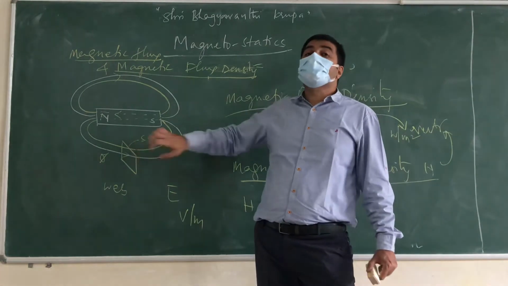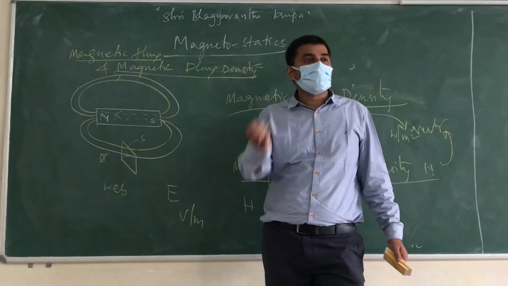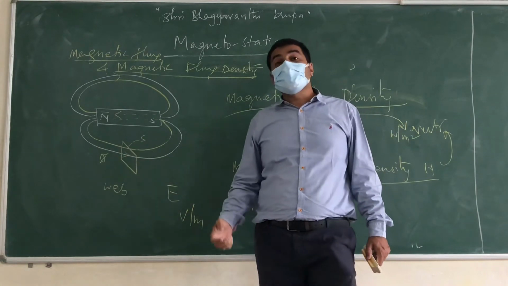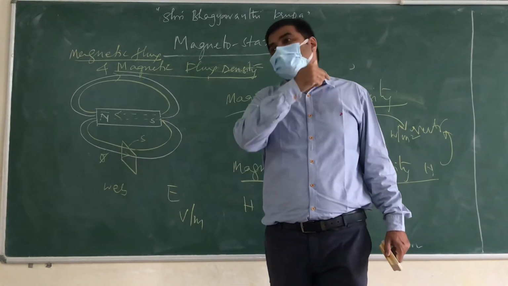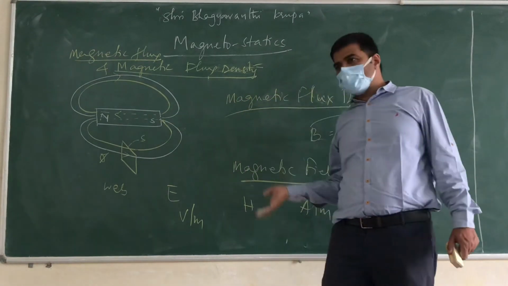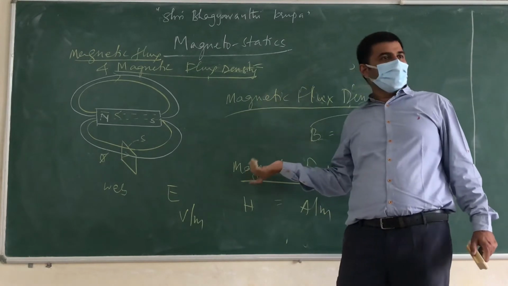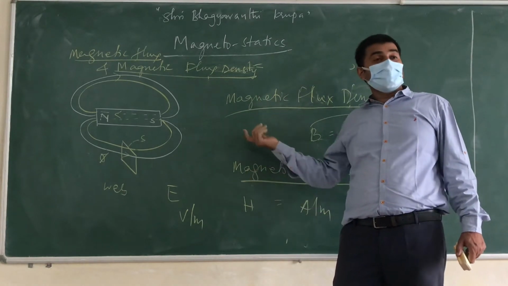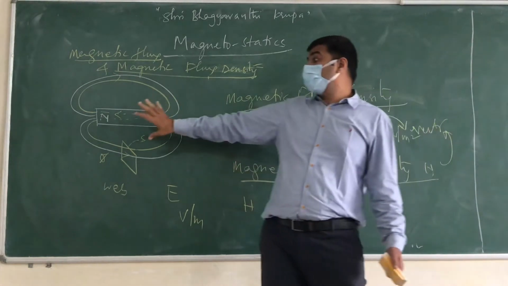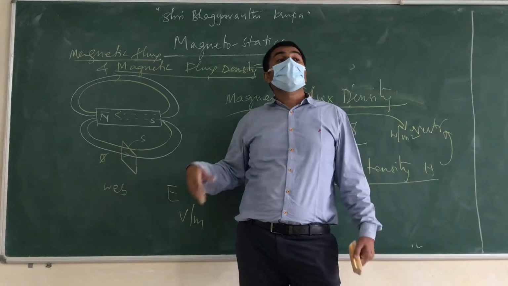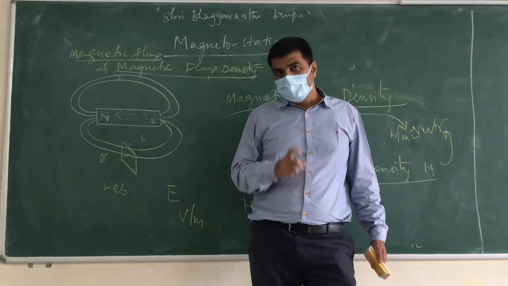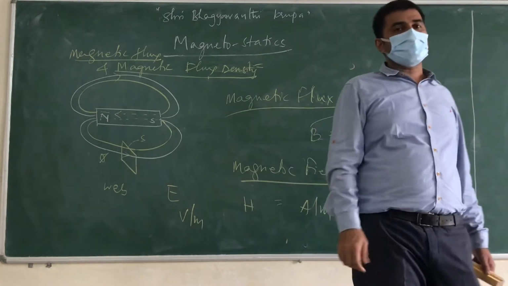This field we need to create by passing current through a conductor. That is our objective. And the definitions hold good. Yes or no? Then that we will study first.